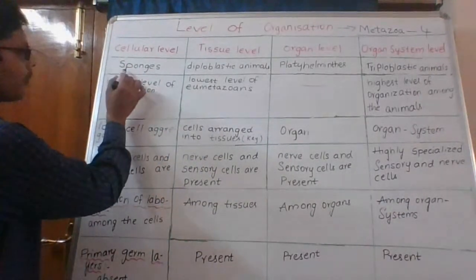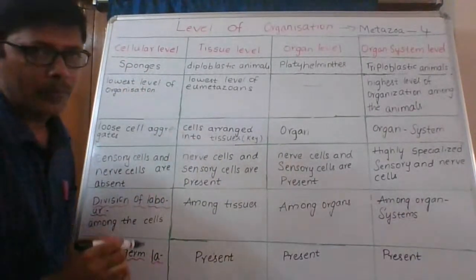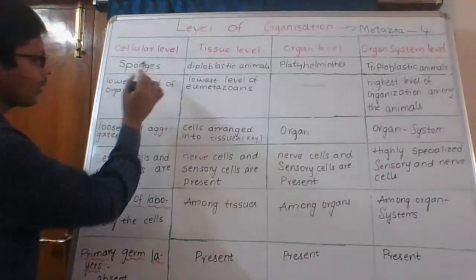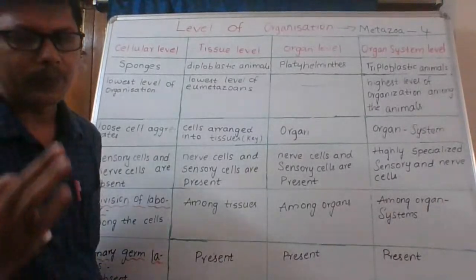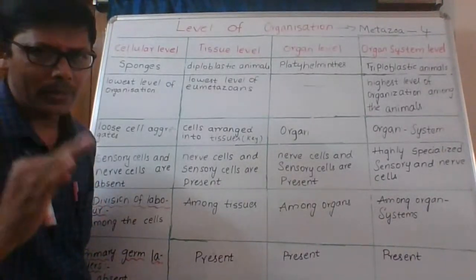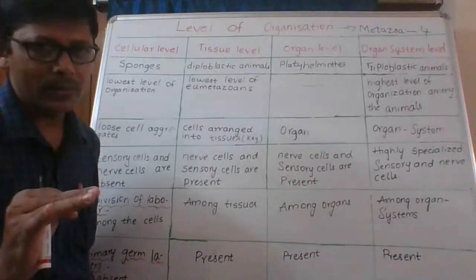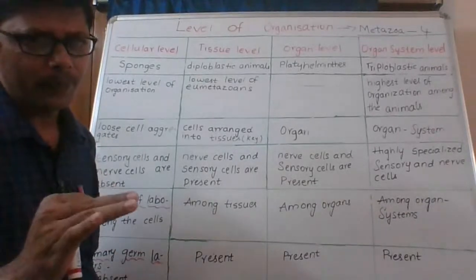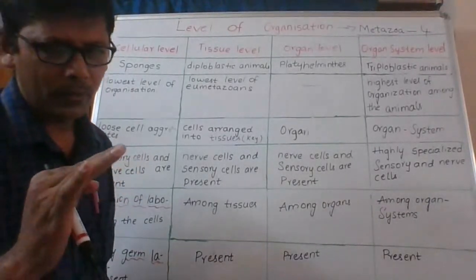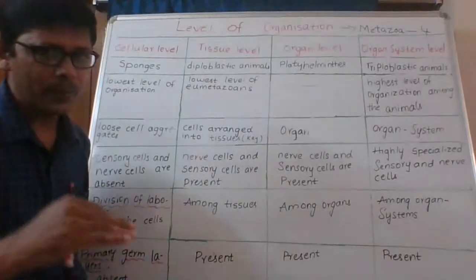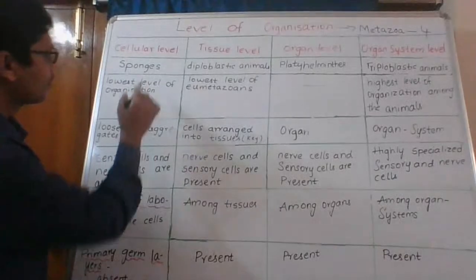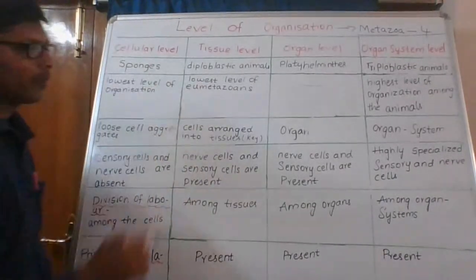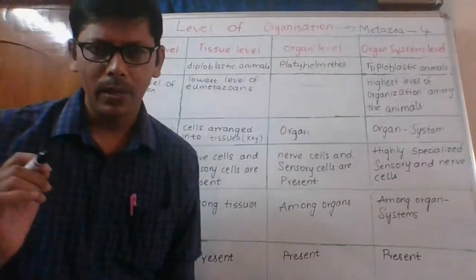Cellular level of organization is found in the phylum Porifera. Poriferans are commonly called sponges. In sponges, we learned three examples: Euspongia, the bath sponge; Spongilla, the freshwater sponge; and Scypha. In all those animals, the level of organization is cellular level.